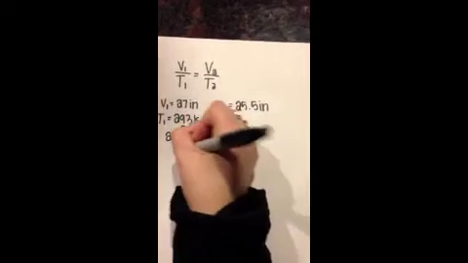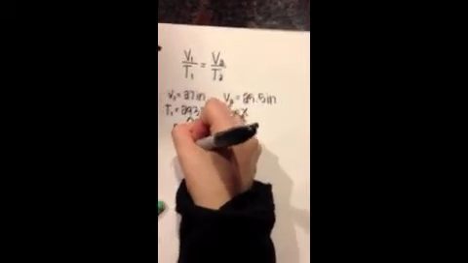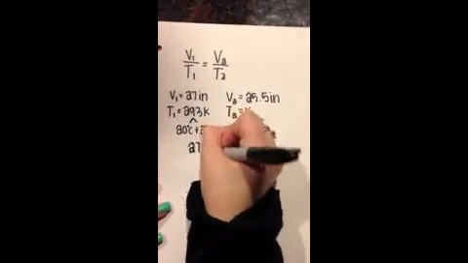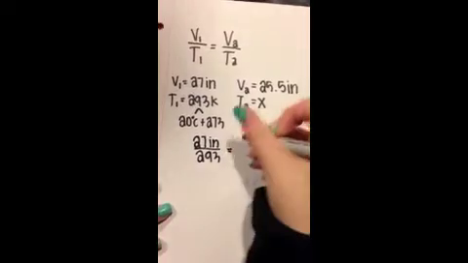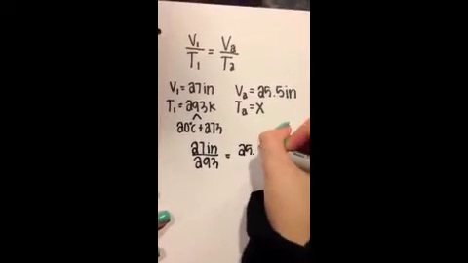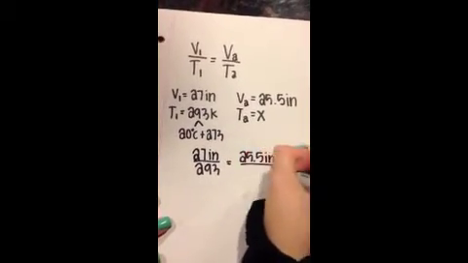So we started out with the formula: 27 inches over 293 equals 25.5 inches over x.